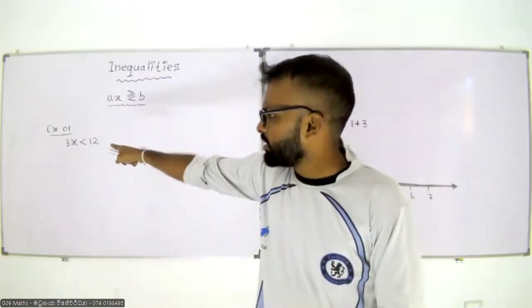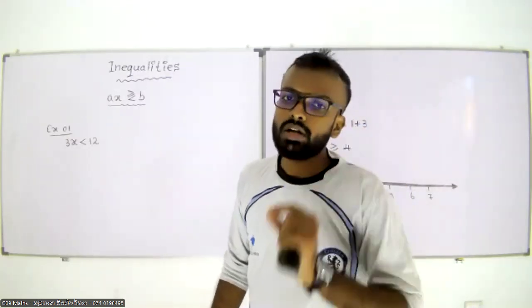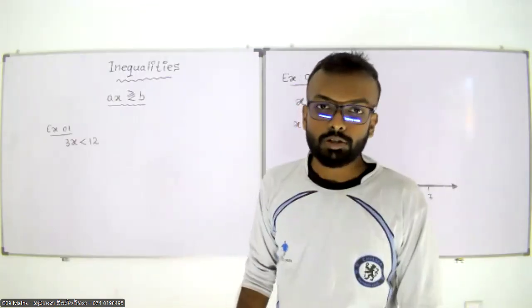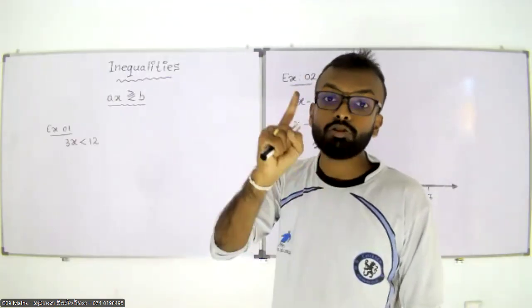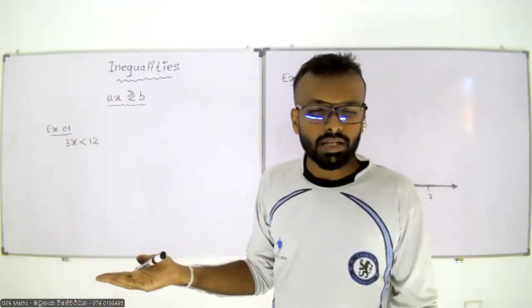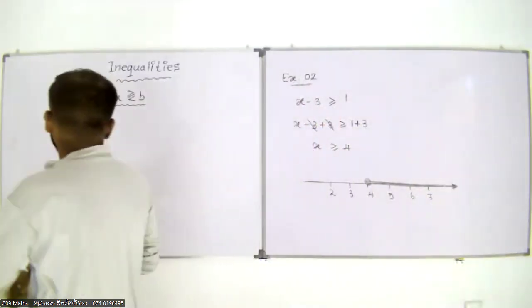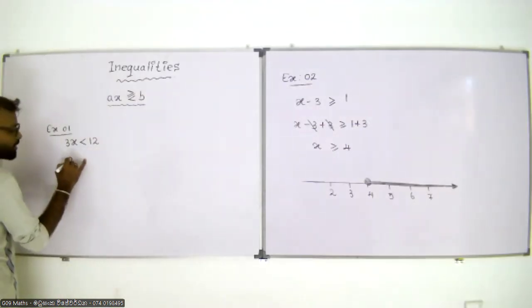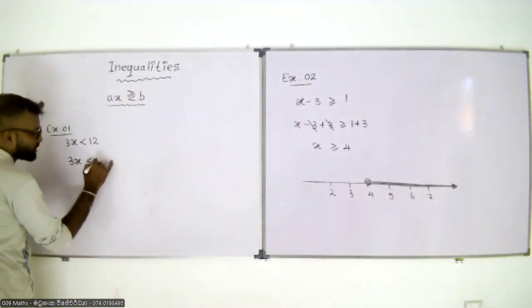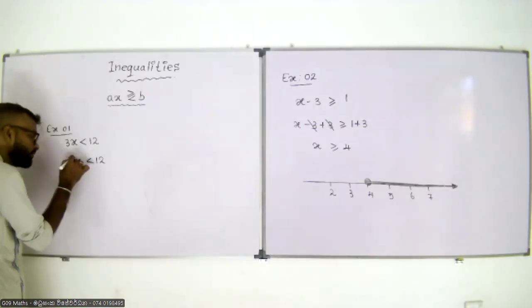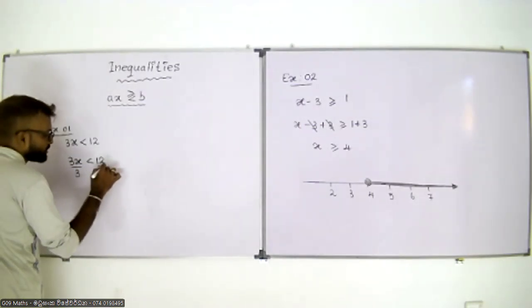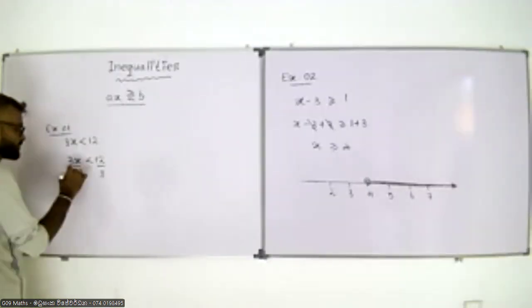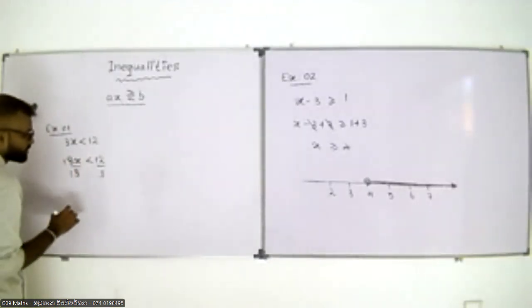To find the value of x or isolate x, you are going to divide both sides by positive 3. With a positive number, nothing will change. So if I want to isolate x on my left hand side, you have to divide this side by 3, this side by 3.